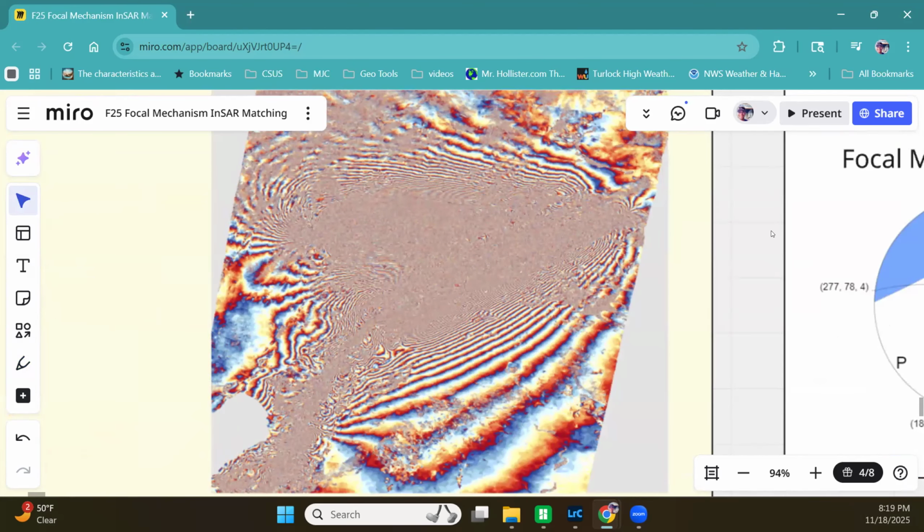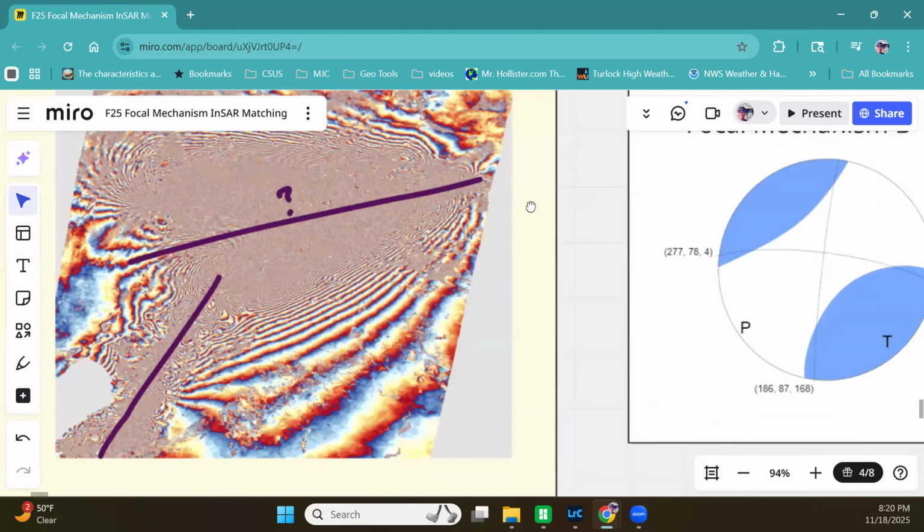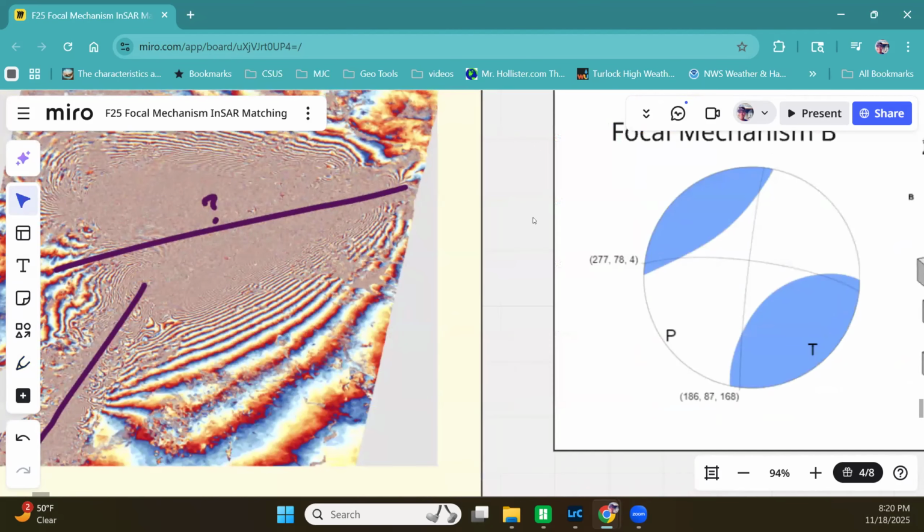But out of all the focal mechanisms I gave you, and I will say this was a very difficult one and kind of a wild card, the one that this matches up with is focal mechanism B. And you're like, what? How is that possible? How is that focal mechanism B? Well, I think I didn't draw my line quite straight enough, but let's see here.